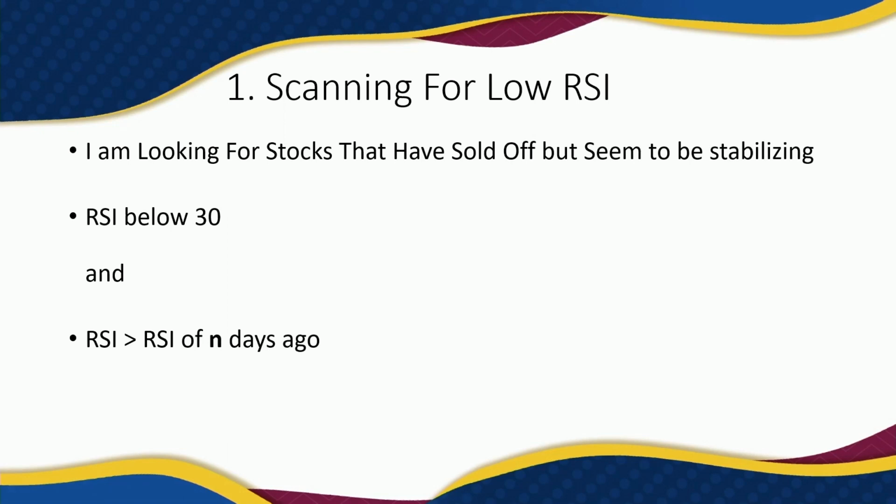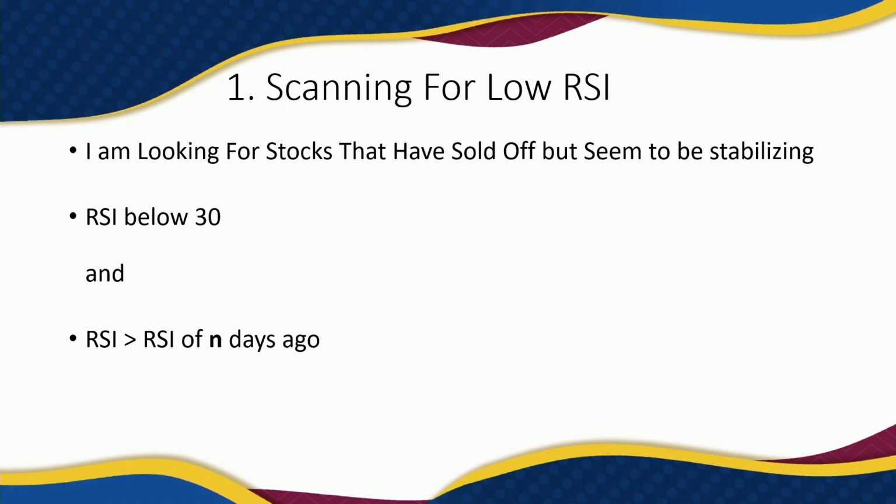So we're going to look for an RSI value below 30, and I also want the current RSI value to be higher than the RSI value of N days ago. And of course, you have a little bit of variety that you can bring in to your own taste.